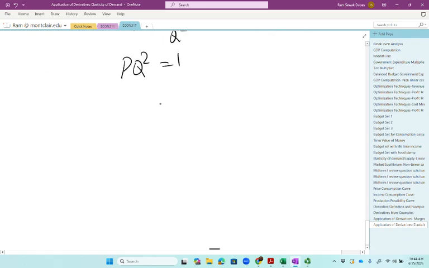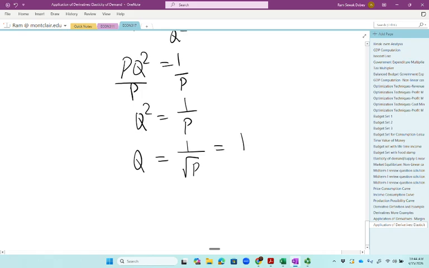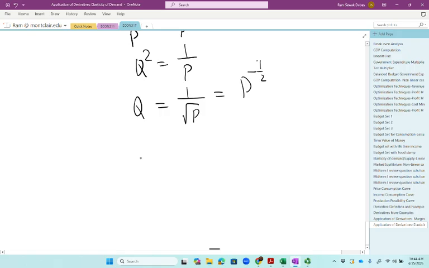I can divide both sides by P. So I get Q square equal to 1 over P. But now I can take the square root. So I have Q on the left hand side, 1 over square root of P on the right hand side. I could also write it as P to the power negative half. So this is the demand function if the inverse demand is given as P equal to Q to the power negative 2.